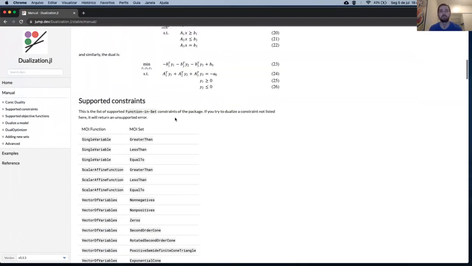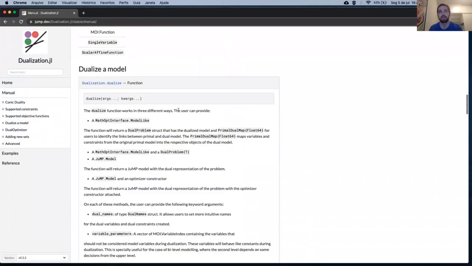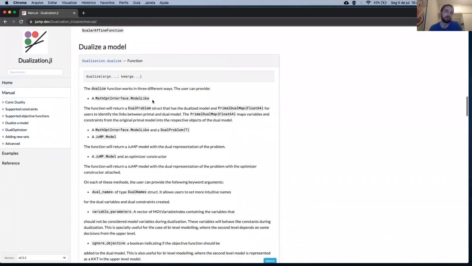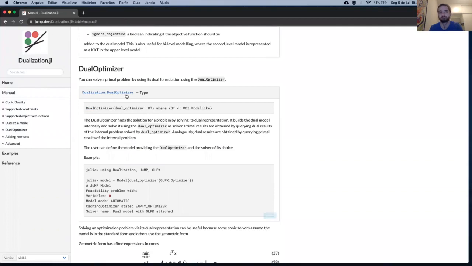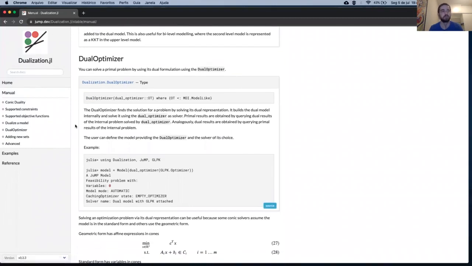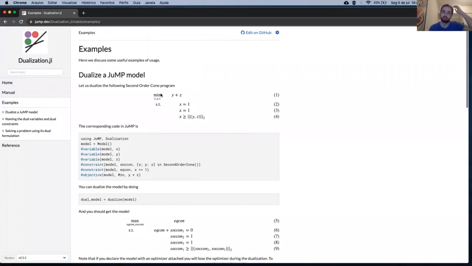It has all the supported constraints and supported objective functions. And it has a more detailed manual about the two main features, which is the dualize function and the dual optimizer. Okay, and here we also have some examples for users to just copy and paste in their Julia session and experiment on the fly.